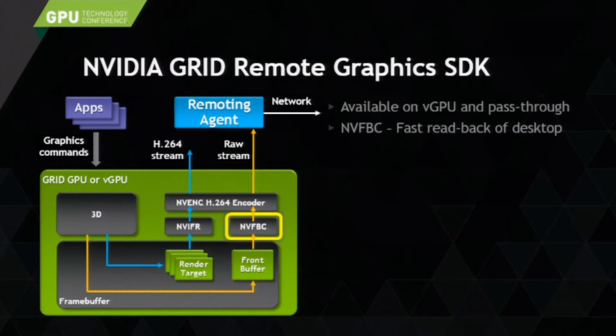NVFBC reads back the entire OS desktop from a display head, the same thing you'd see if you were to plug a monitor in the back of a GPU. And NVIFR is used to read back individual rendering contexts, which are typically the same thing as an individual window on a desktop or application windows.